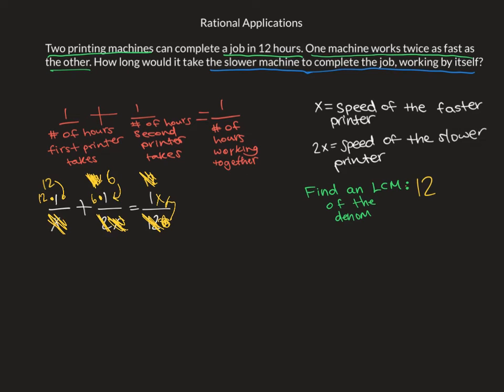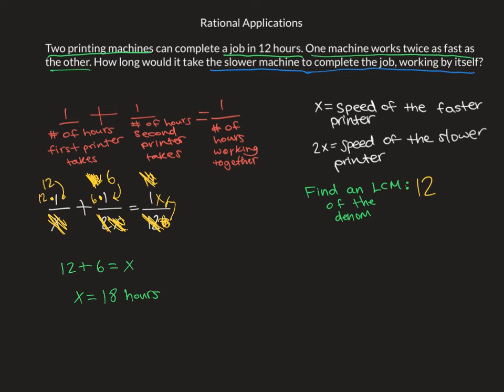So now what's our new equation? What's 12 times 1? 12. What's 6 times 1? Plus 6, equal to 1x, which is just x. So x is equal to 18. 18 hours. But hold on, it's asking us how long it would take the slower machine to complete the job by itself.